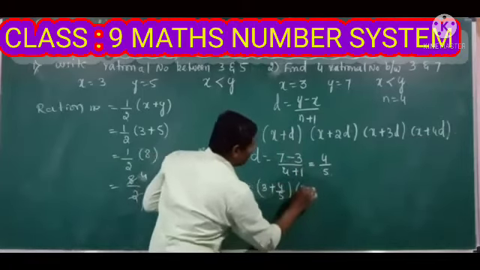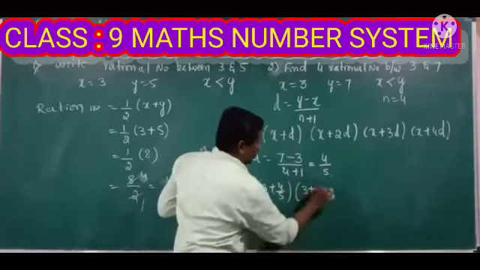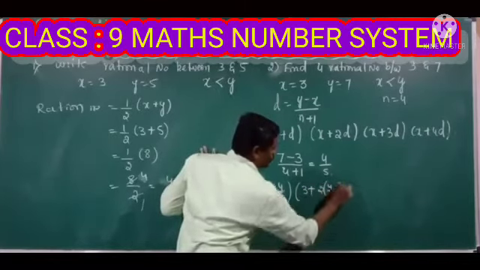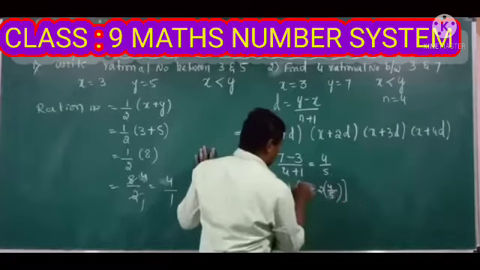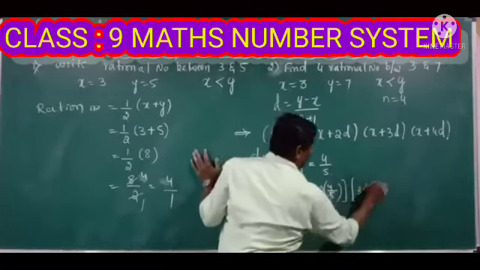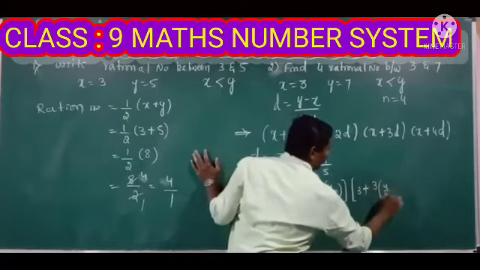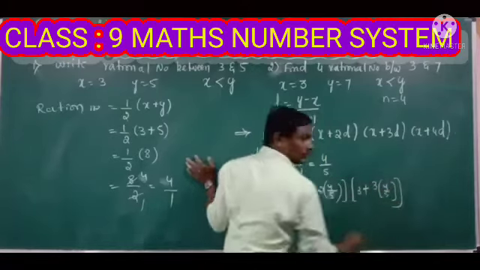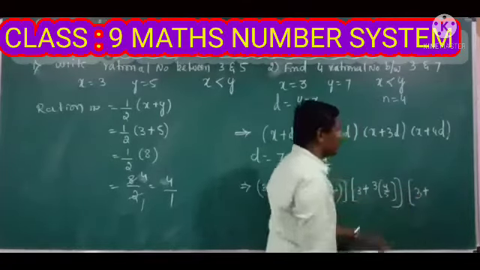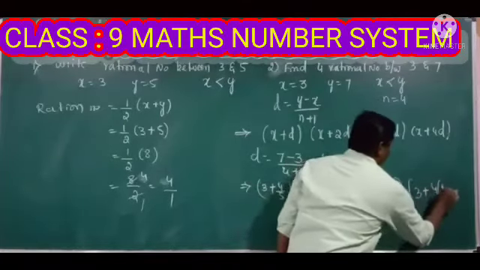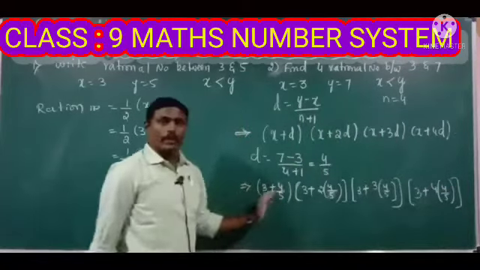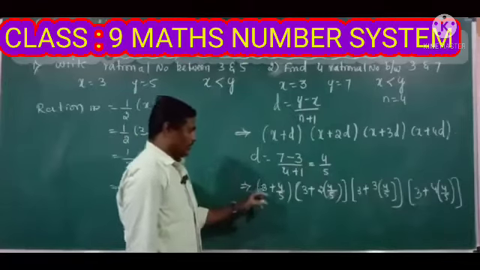Second, 3 plus 2 times 4 by 5. Next, third, 3 plus 3 times 4 by 5. Last one, 3 plus 4 times 4 by 5. So just simplify, and we will get the rational numbers.